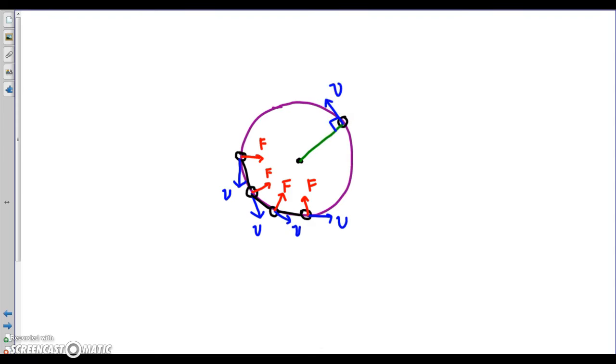If you want to know where the velocity vector points right here at this moment, you do the same thing. Draw the tangent line. So imagine a radius line first, and then draw the velocity vector perpendicular to the radius line.